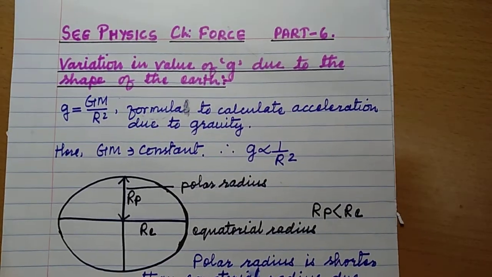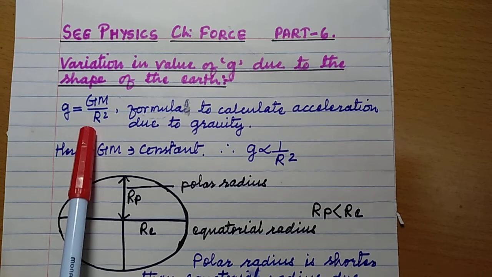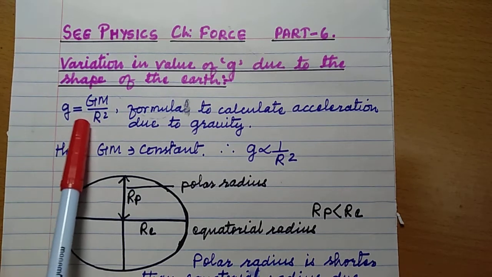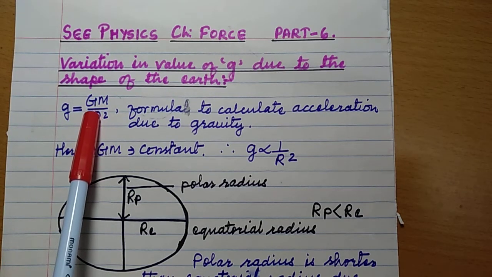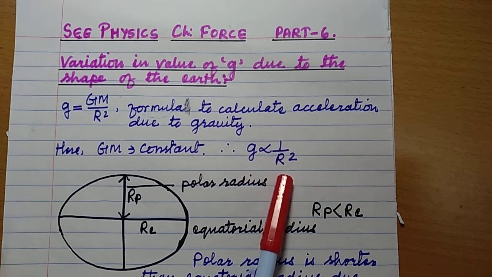Okay, we are going to see the next part here: variation in value of g due to the shape of the earth. Now in this formula, g equal to GM by r square, which is the formula to calculate acceleration due to gravity, can be written this way also, g proportional to 1 by r square.